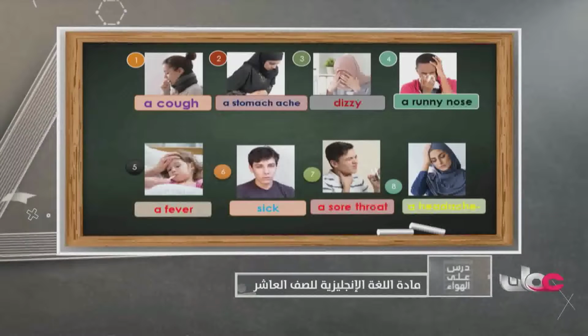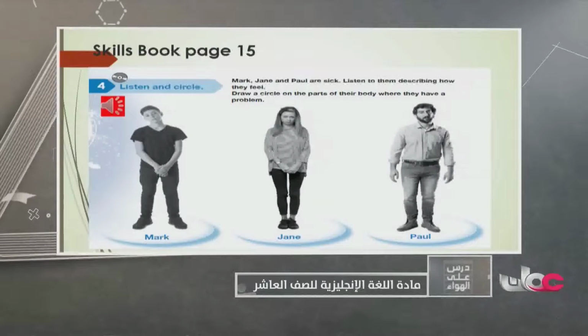Okay, now let's move, guys, to another question, which is in your skills book, page 15. And look at the question. Listen and circle. We have 3 people. We have Mark, Jane, and Paul. Now, what should we do here? Let's read the question together. Mark, Jane, and Paul are sick.